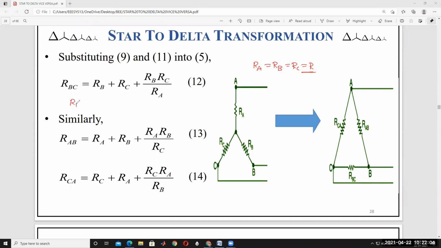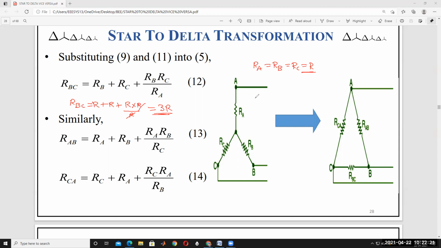RBC is equal to R plus R plus R into R divided by R. So this answer is equal to 3 times R.